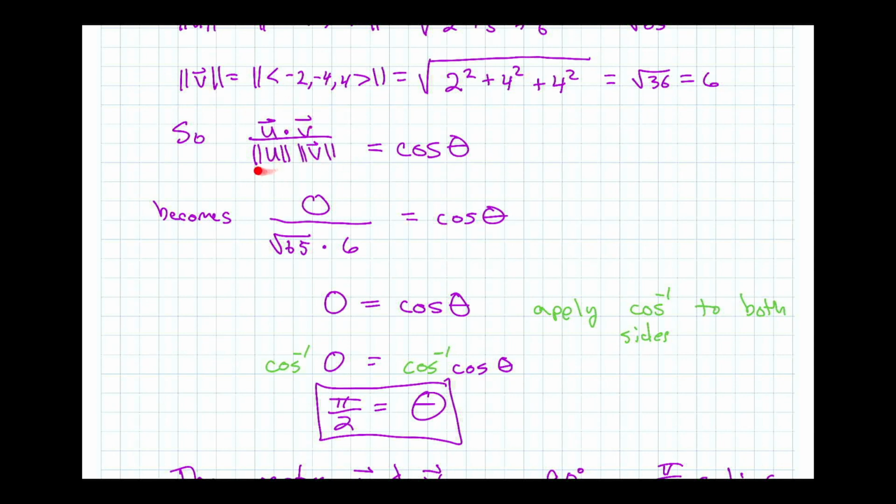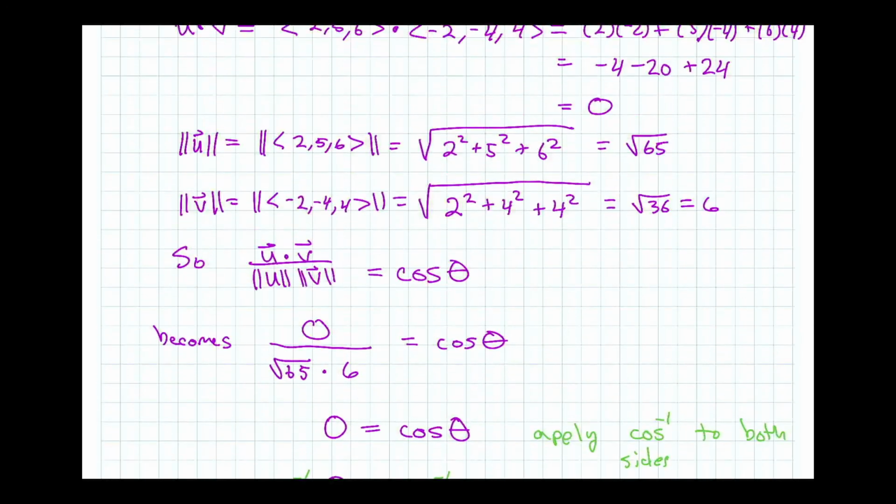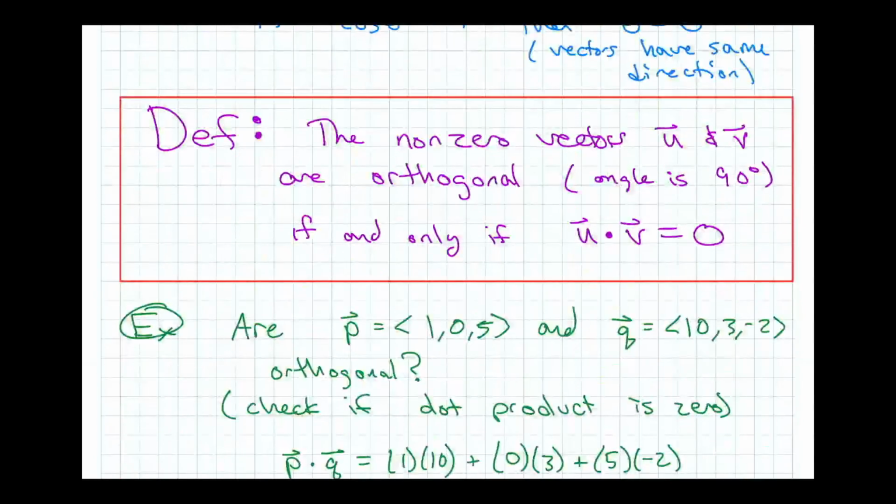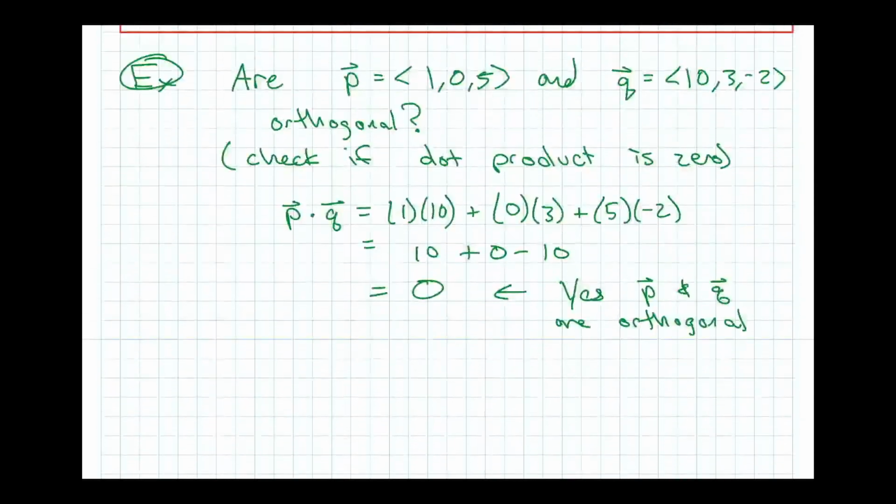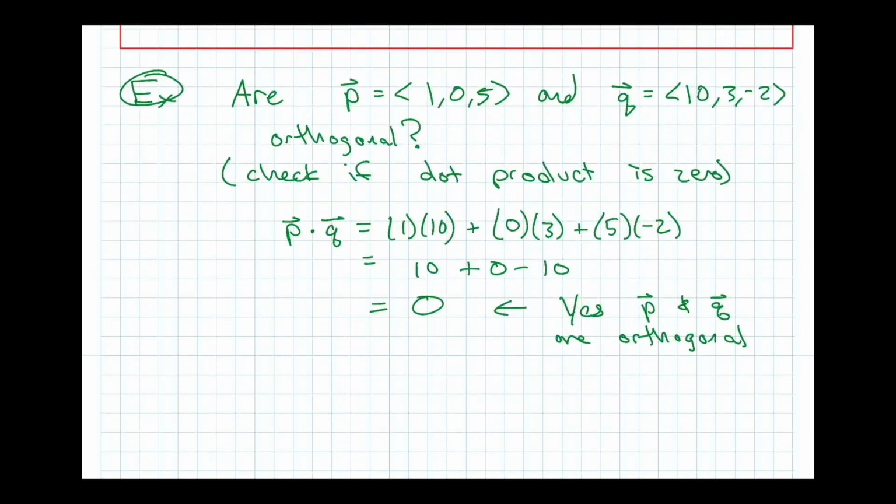You don't need to calculate this magnitude or this magnitude. That's why you don't go back to this formula to calculate if they're orthogonal. You just need the dot product. You don't care about their length, because if the dot product's 0, the whole fraction's 0. Okay, hopefully that makes sense.